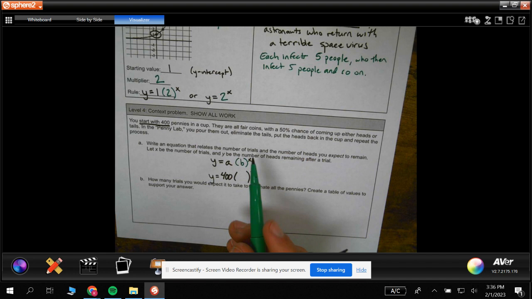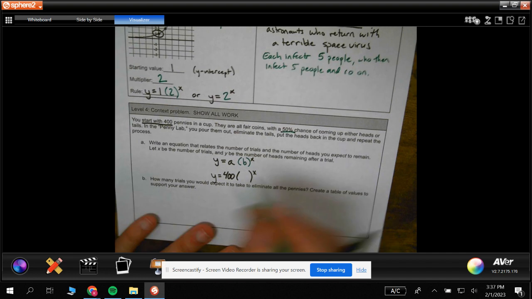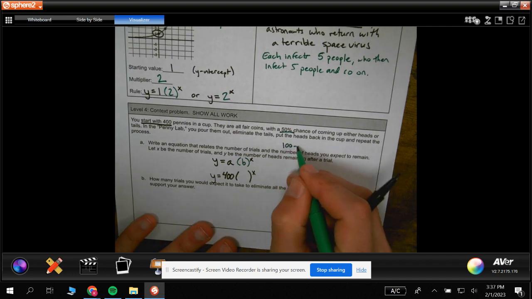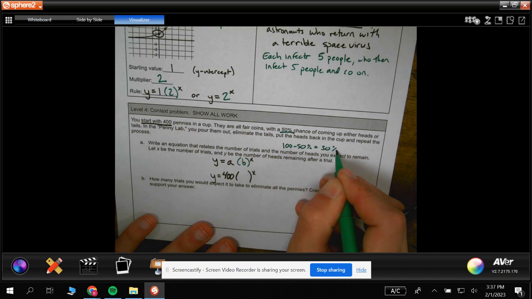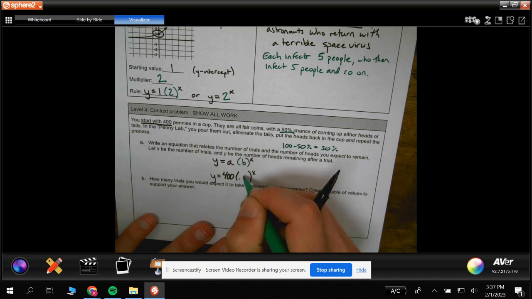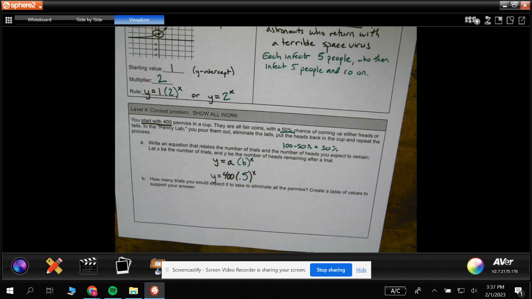The multiplier basically is asking us, how many are left that are going to be heads? What percent of heads do we expect? 50% chance. So that means we're going to take out 50%. So our multiplier is 0.5. So our model, our equation, is 400 times 0.5 to the x.